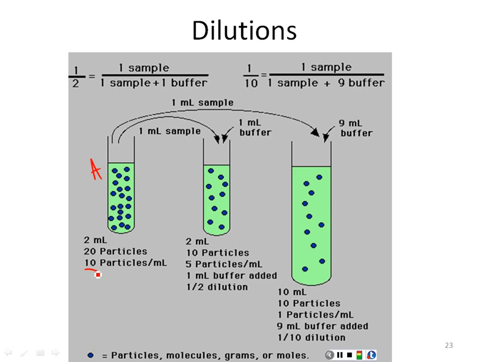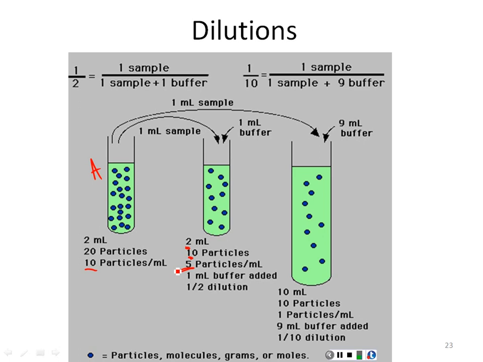Now, if we took 1 milliliter of that solution and added 1 milliliter of a solution that just has 0 blue balls in it, we would get the same volume, 10 milliliters, but we'd only have 10 particles now. So this concentration would be 5 particles per mil, and thus we would have a 2x dilution.